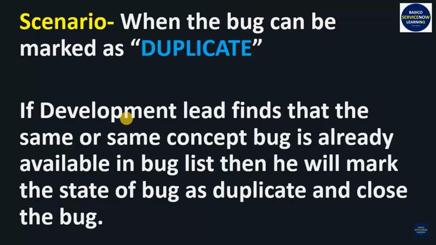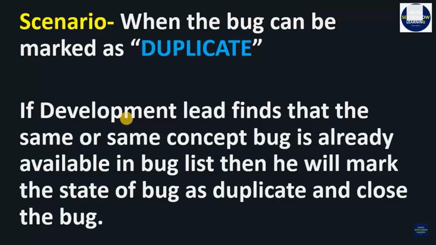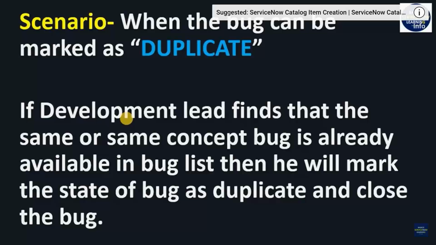So what happens if a software tester logs a bug with some text, and in the system there is already a bug of the same concept with different text or content, but the bug is the same? That bug is marked as duplicate because the system already has it. There is no requirement for a system to contain two bugs of the same concept. So that bug will get closed, and the previous bug will get catered to and fixed by a developer.